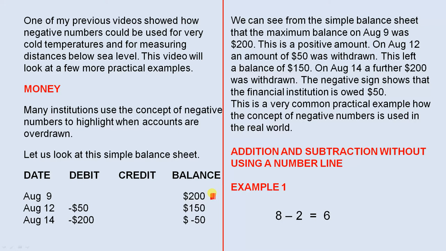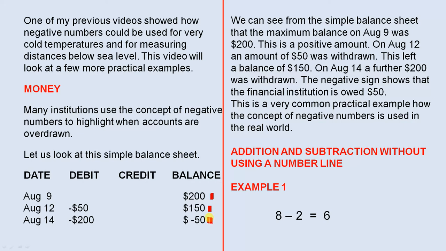On August the 12th, an amount of $50 was withdrawn. This left a balance of $150. That's that line there. On August the 14th, a further $200 was withdrawn. The negative sign shows that the financial institution is owed $50.